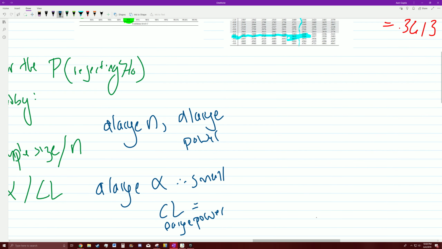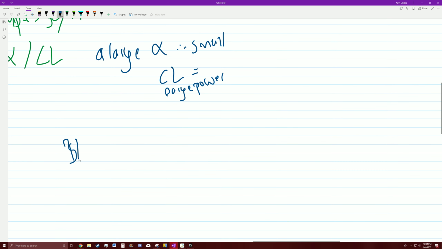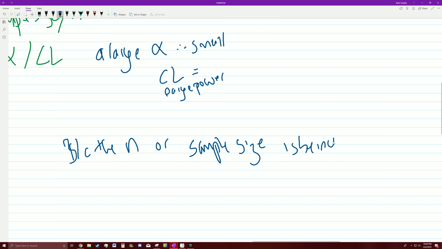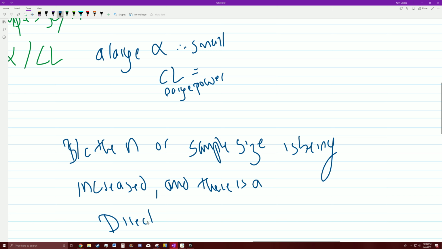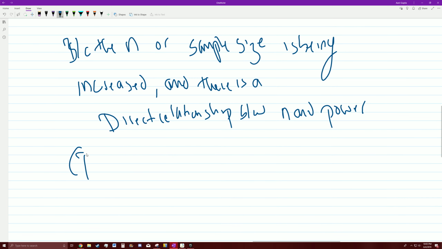So simply state, because the N, or sample size, is being increased, and there is a direct relationship between N and power, and then say in parentheses, probability of rejecting H naught.